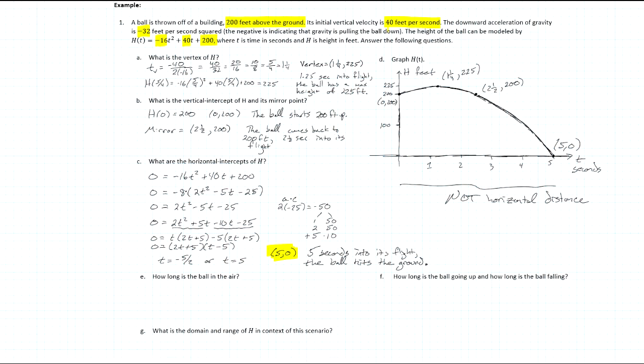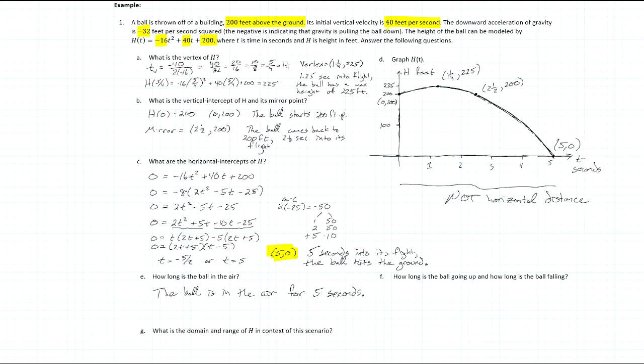Like, how long is the ball in the air? Well, we can see that it hits the ground at 5 seconds. So the ball is in the air for 5 seconds total. Next question, how long is the ball going up and how long is the ball falling?